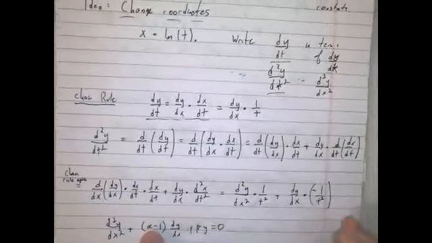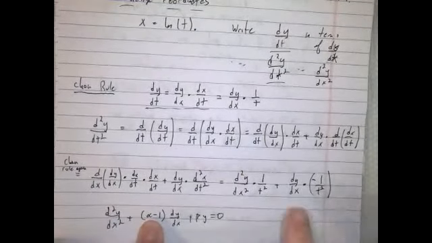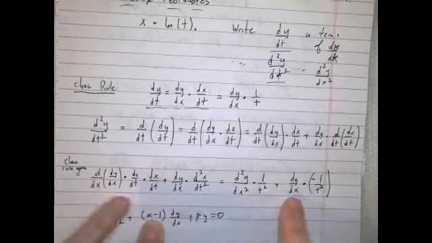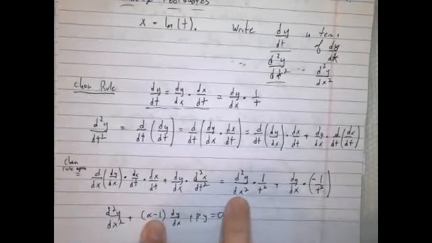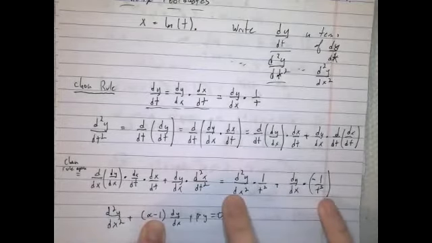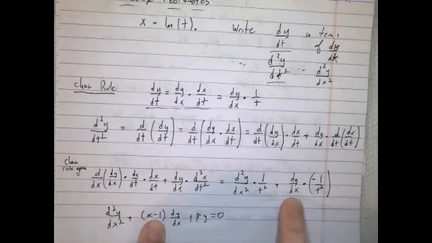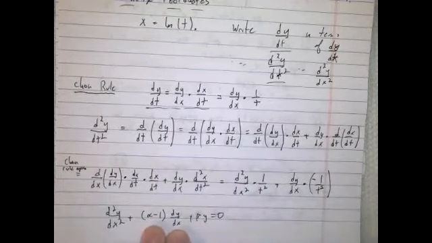This alpha minus 1 comes from the fact that there's a dy dx term inside the d squared y dx squared term. When I multiply this expression by t squared, I pick up a negative 1 times dy dx.